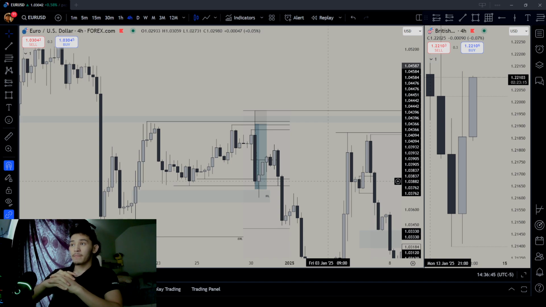But for the narrative and the logic to it, for the trade, you must have specific concepts such as daily profile, weekly profile, open, high, low, close, market profiling.